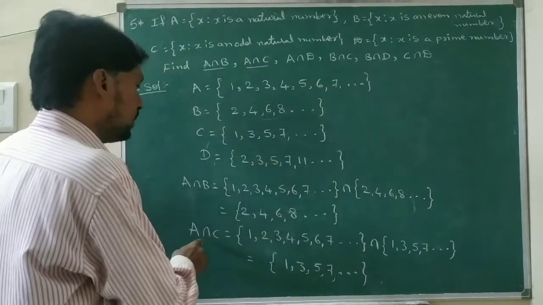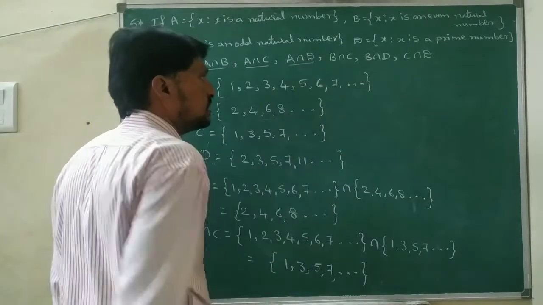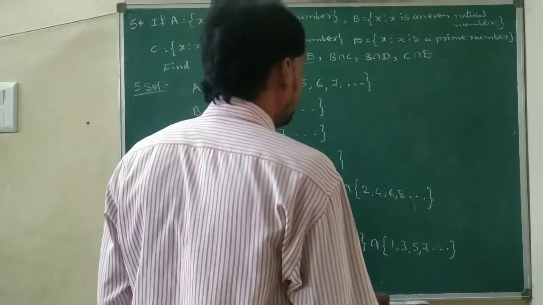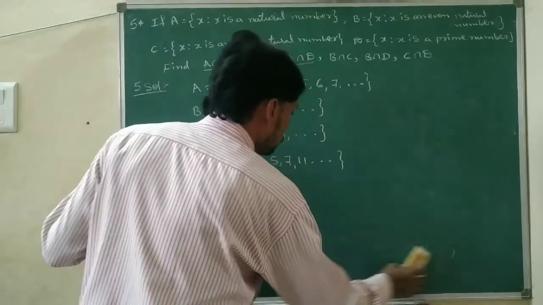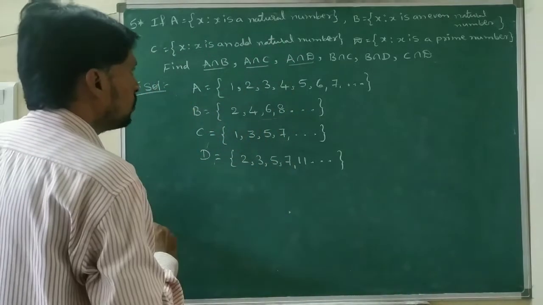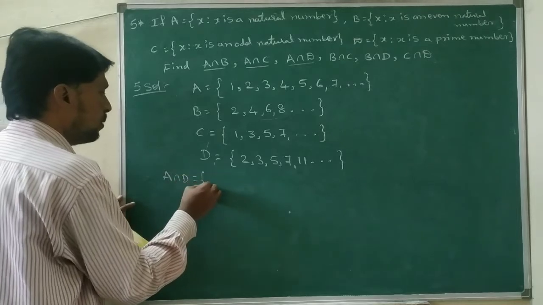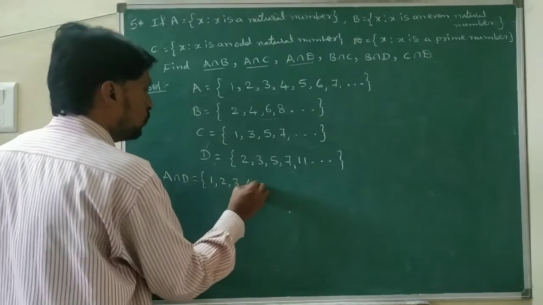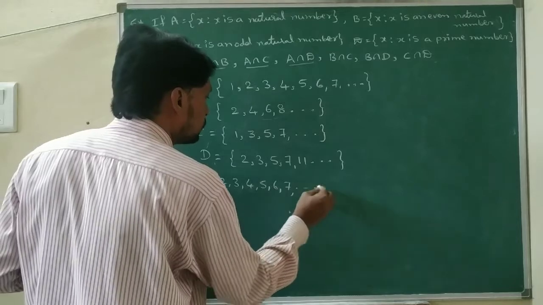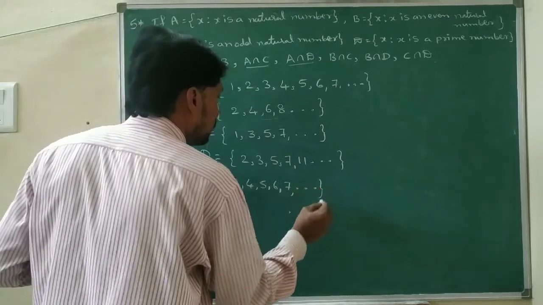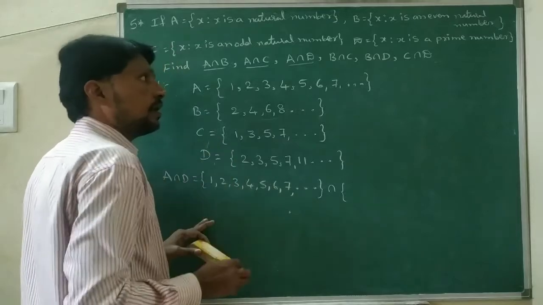Next one is A intersection D. So A intersection D equals A, which means 1, 2, 3, 4, 5, 6, 7, and so on, intersection D. What is D?